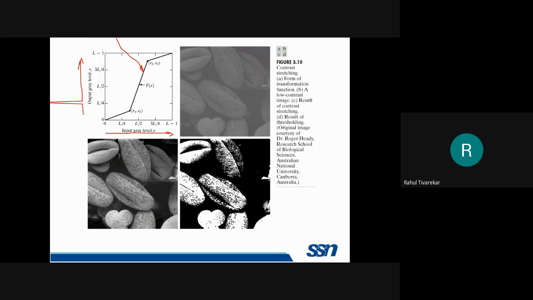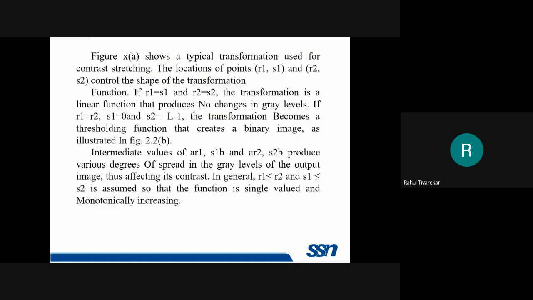You see here there are 2 points. One is here with the input intensity R1 and corresponding output intensity S1. And there is one more point here with the input intensity R2 and corresponding output intensity S2. Lower one is R1, S1, upper one is R2, S2. The figure shows a typical transformation used for contrast stretching.